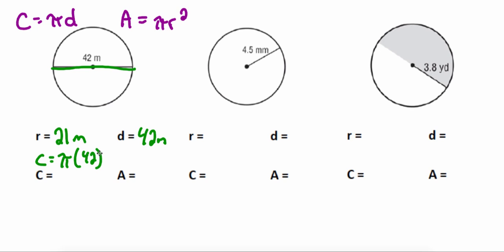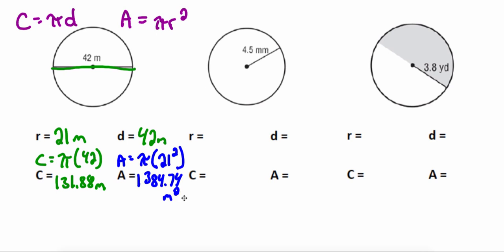So 42 times 3.14 gives me 131.88 meters. For area, I'm going to do pi times the radius squared, 21 squared. So 3.14 times 21 to the second power gives me 1,384.74. We're dealing in meters, so meters squared.